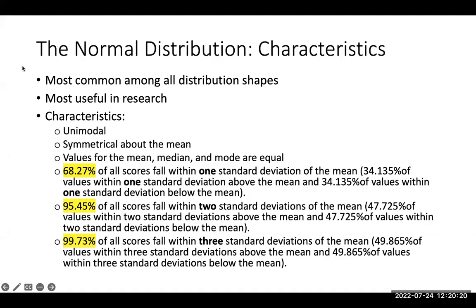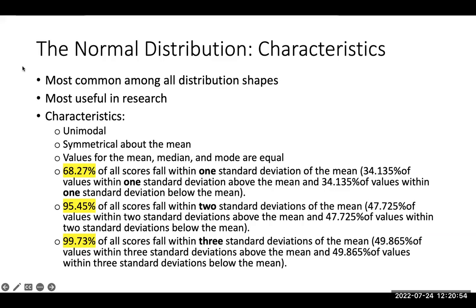And we have certain characteristics about where the scores fall in a normally distributed data set. So first of all, 68.27% of all scores in a normally distributed data set will fall within 1 standard deviation of the mean. That means about a little over 34% will be above the mean by 1 standard deviation, and about 34% of the values will fall below 1 standard deviation below the mean.